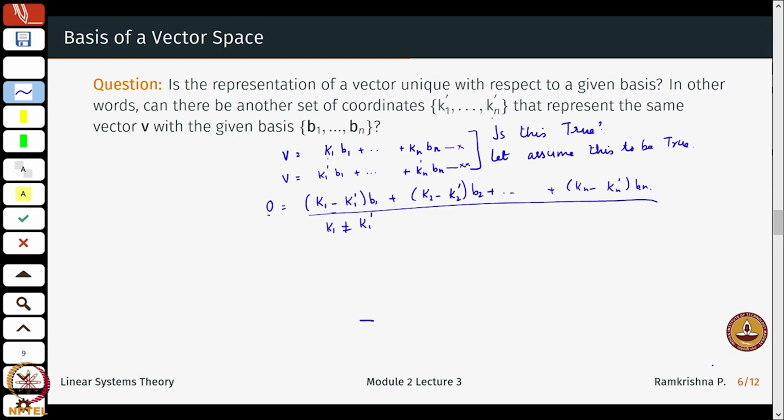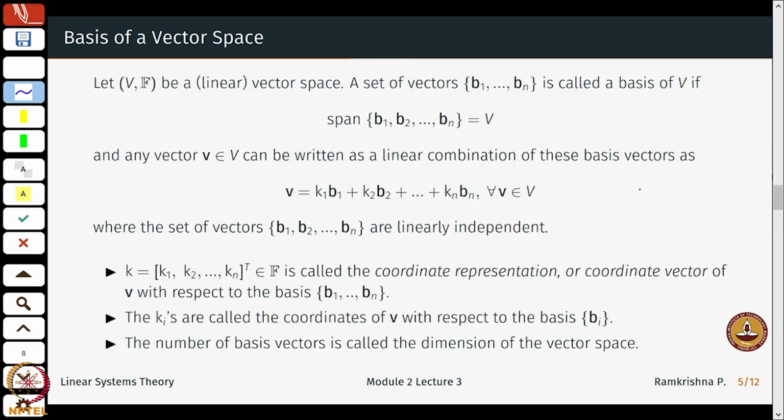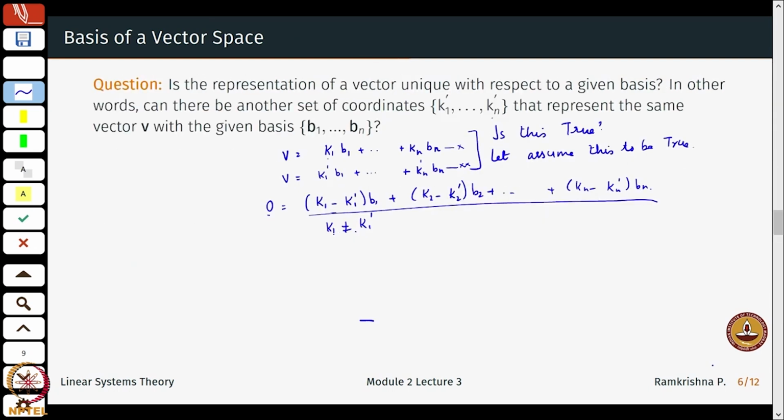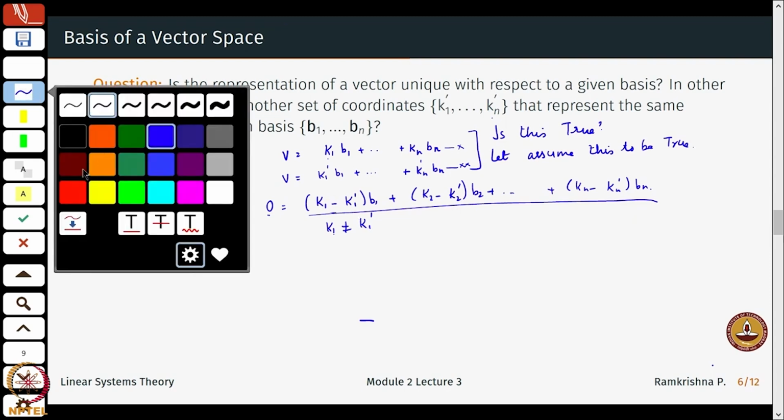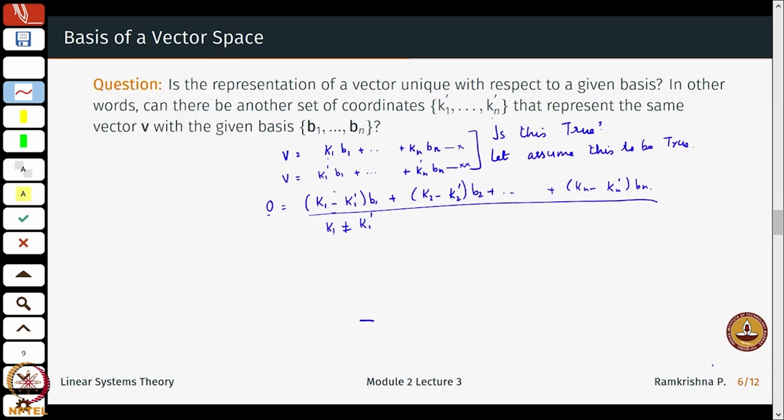Okay. Now, let us go back a few slides. If k1 is not equal to k1 prime, then this will not be 0, this guy will also not be 0, until here. So none of these coefficients are 0, right, because we assume that these are distinct.